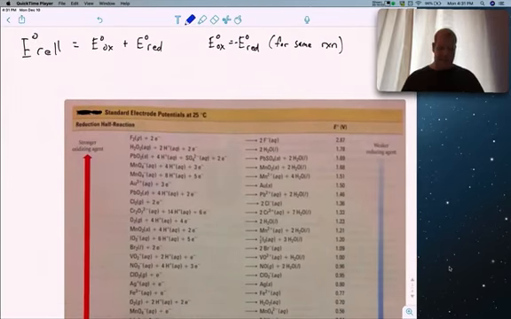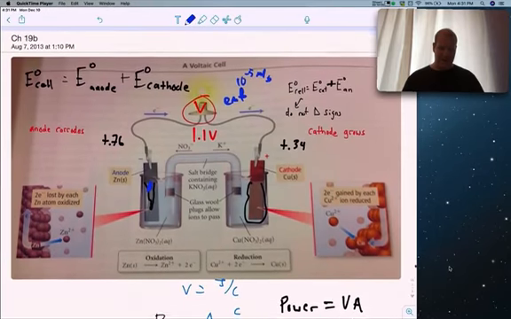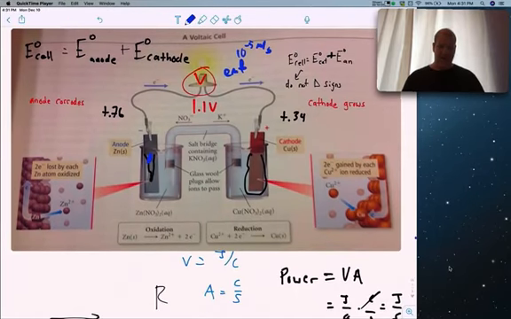And I mentioned this voltaic cell, so let me go back to show you. Here's the voltaic cell again. There's a couple things with this voltaic cell. If I make one in the laboratory and I see it's 1.1 volts, you're like, you know what?